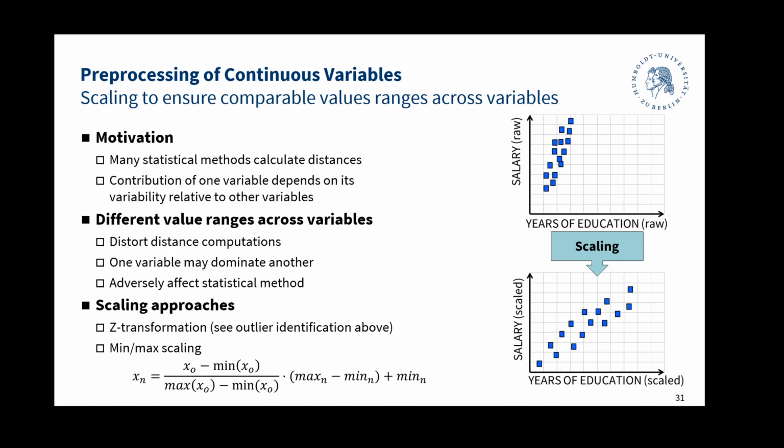So whenever x_o happens to be the maximum, the resulting value of this transformation gives you a 1, right? With that, you scale your data to a certain interval, and you see on the right-hand side how it does not change the tendency of the data. It's just a transformation that you apply in order to enhance the comparability across variables.